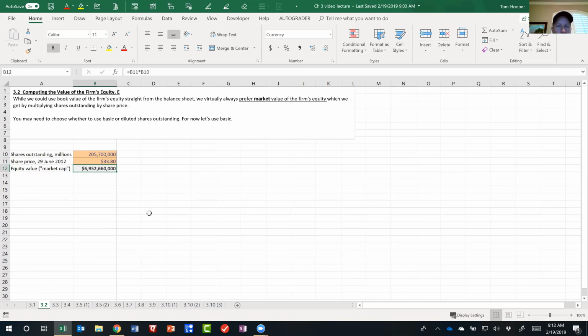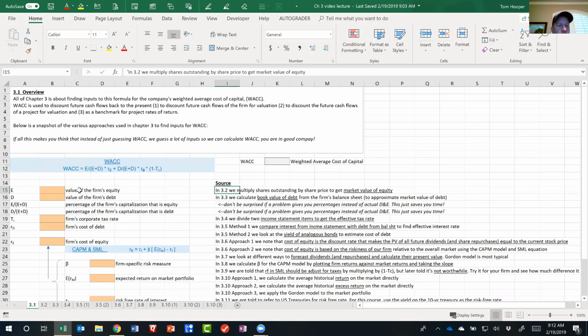That's very straightforward. It's probably worth pointing out that this is the market value of the firm's equity because we're using the market price of the shares. And in section 1, they even tell us that that's the market value of the firm's equity. But then they go on to tell us that this is the market value of the firm's debt.